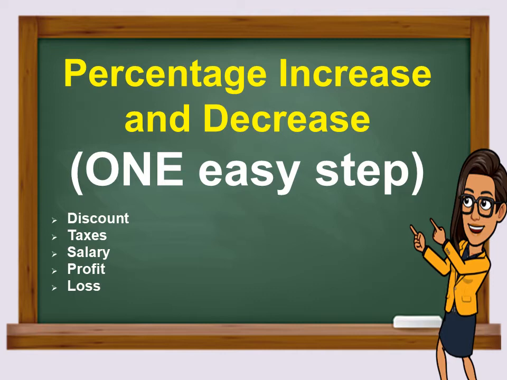Now let's look into solving problems that result in a percentage increase or a percentage decrease. And we're going to do it hopefully in one simple step or in one go. All right, our first question.